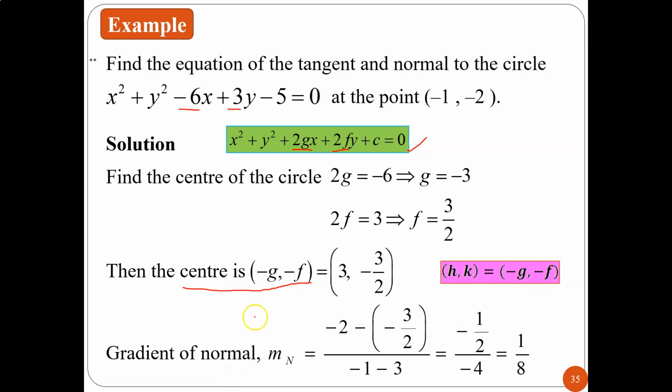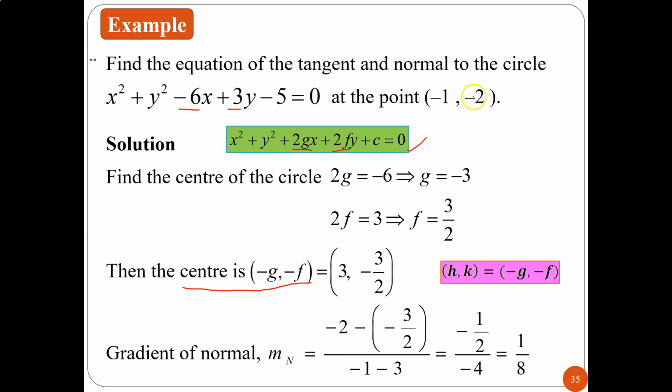Then since you already have your center, now you're going to find your gradient, your M for normal. Or you can also find the gradient for tangent first. It's up to you. For now, I'm going to obtain the gradient for normal. Gradient of normal, Mn equal to, how do I obtain gradient of normal?